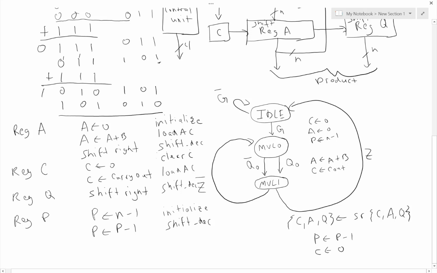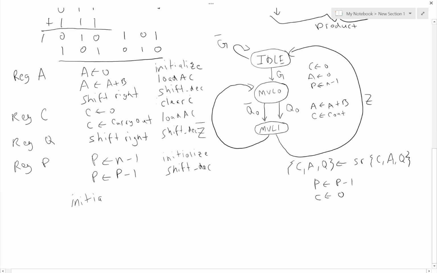I can write Boolean expressions for the control signals. So the initialize control signal is a 1 when I'm in the idle state and the go signal is 1. The load signal is 1 when I'm in the multiply 0 state and the least significant bit of the multiplier, which is in Q0, is a 1. That's the only time when I'm going to do the loading or the addition.